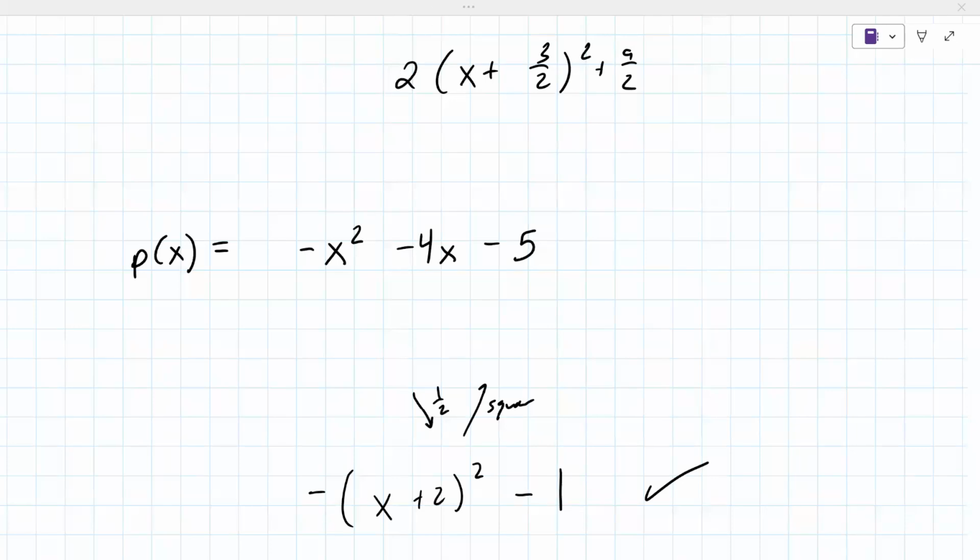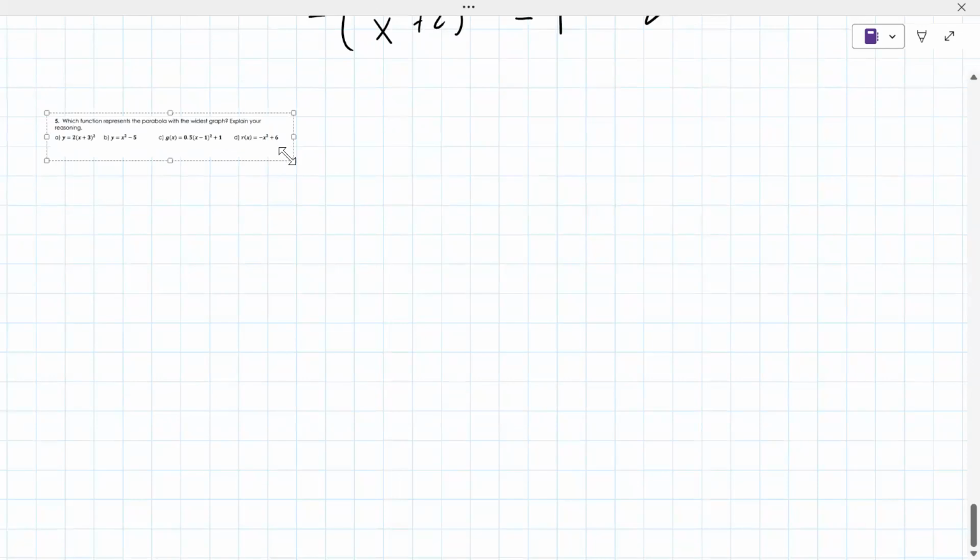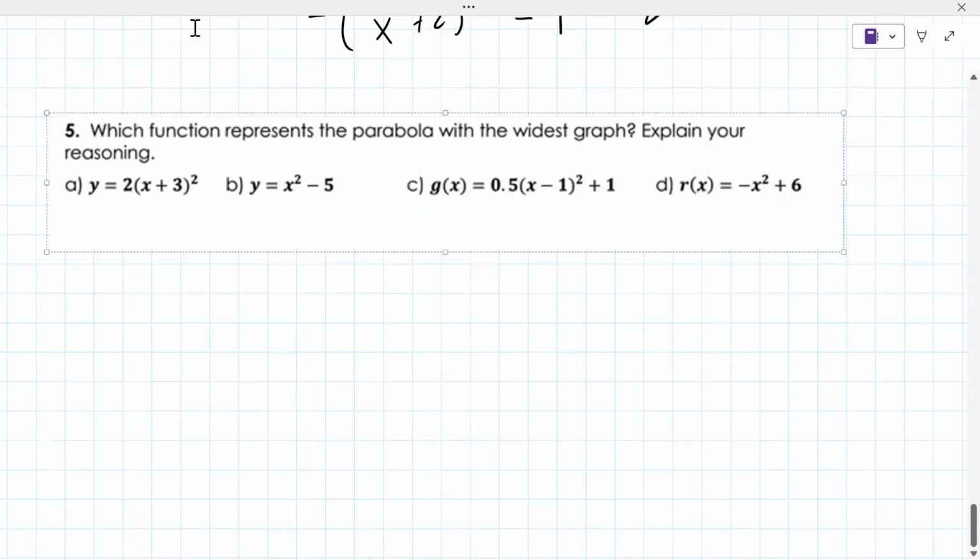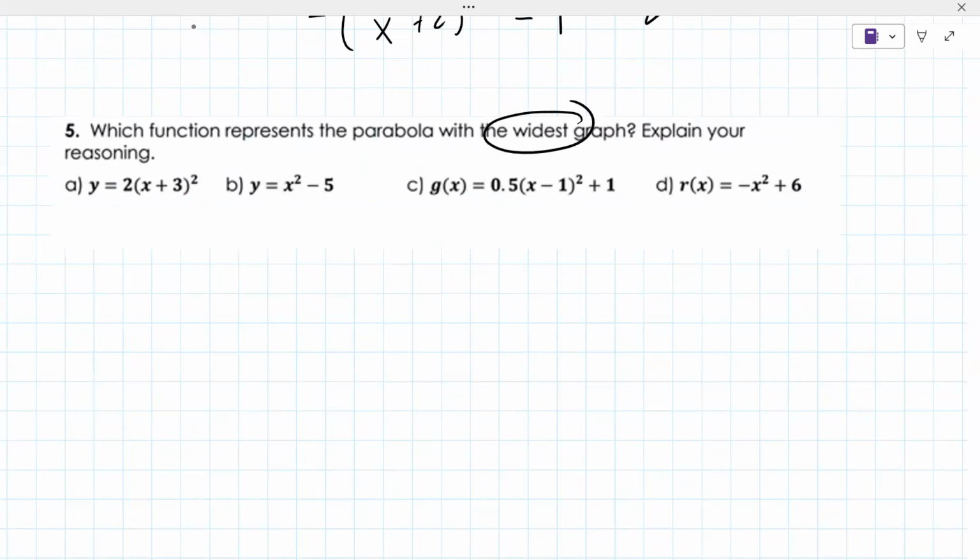Okay. I guess we can do it this way. Because there are two questions they could ask, they're asking about the widest. It gets wider when the a value is between 0 and 1. But sometimes that's confused with the sign.